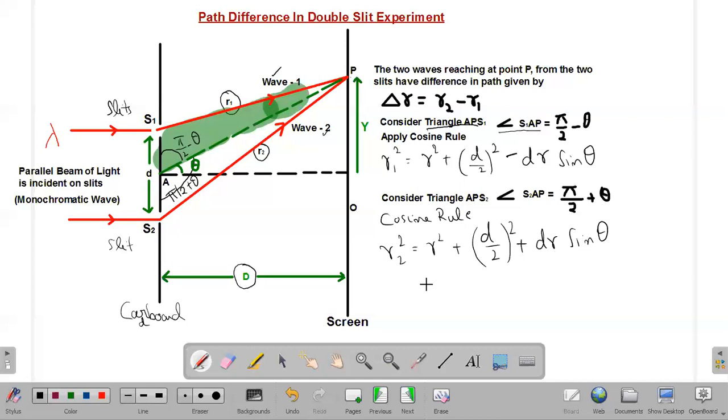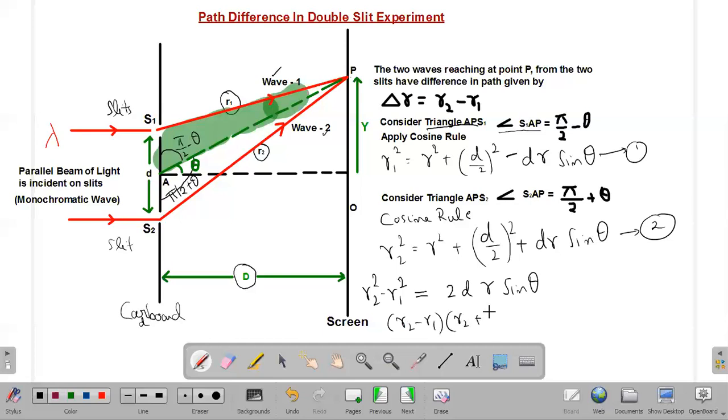Now I will subtract these two equations, subtracting equation 1 from equation 2, to get R2 square minus R1 square, which I get as 2dR sine theta. Further, this R2 square minus R1 square can be written as (R2 minus R1) times (R2 plus R1), using the fundamental property that A square minus B square is (A plus B) times (A minus B).